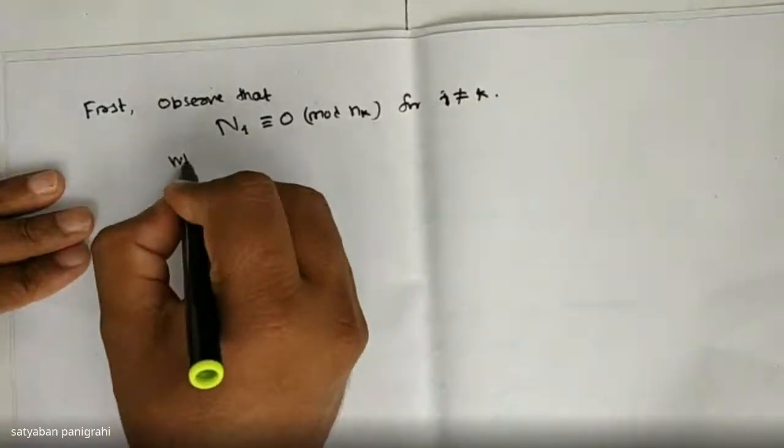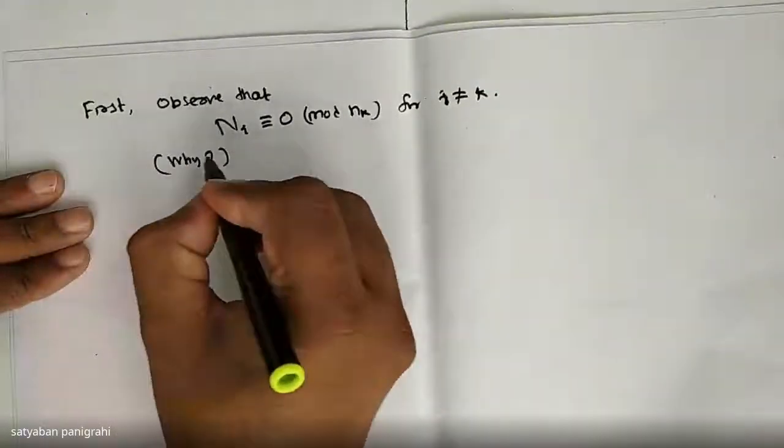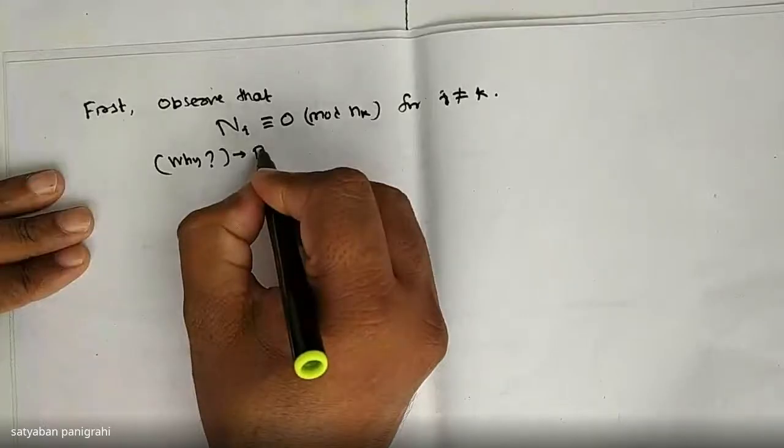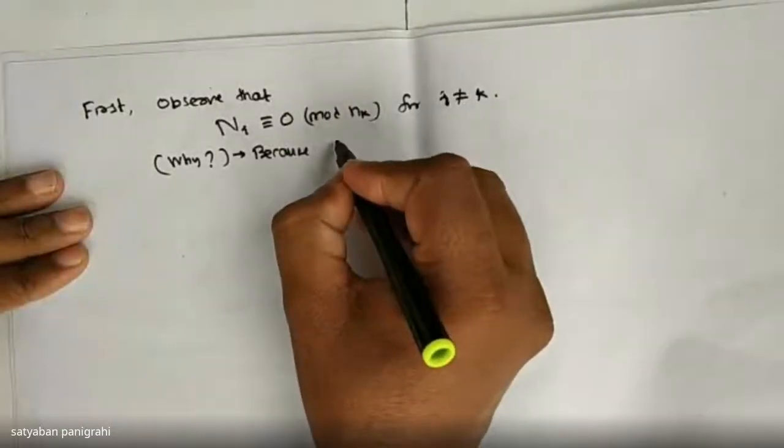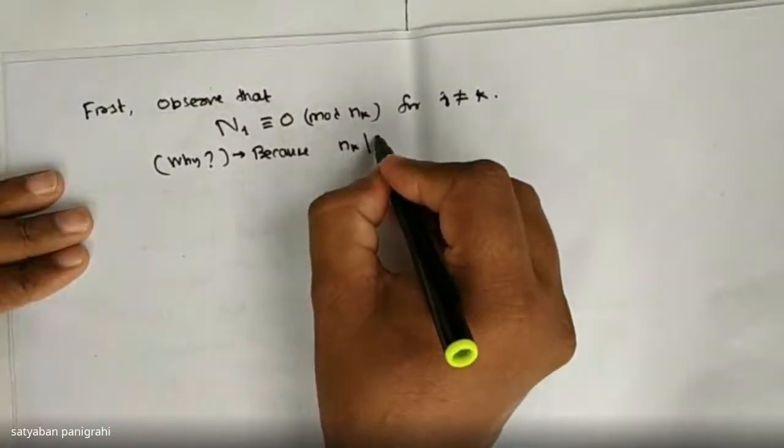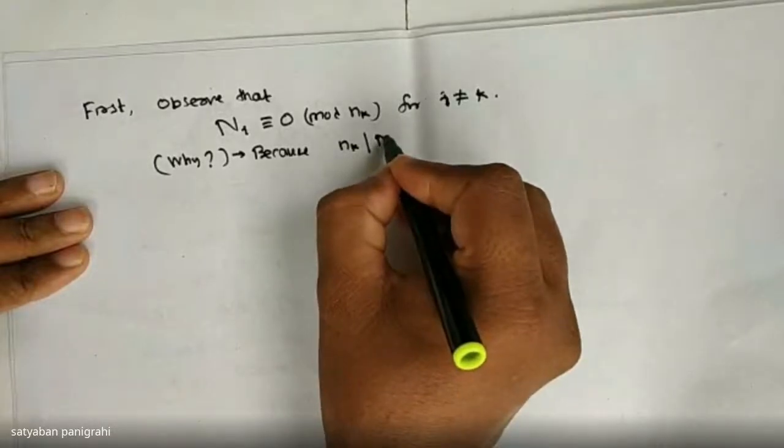Why this? Because Nk divides ni in this case.